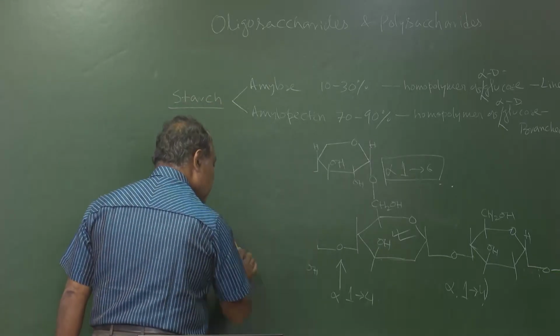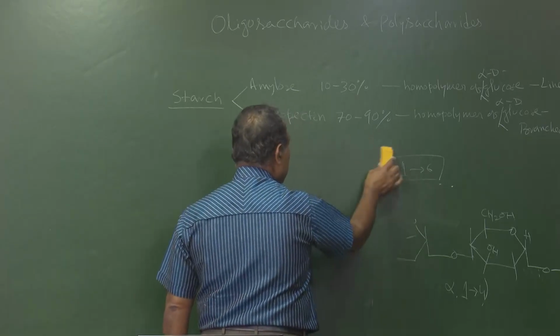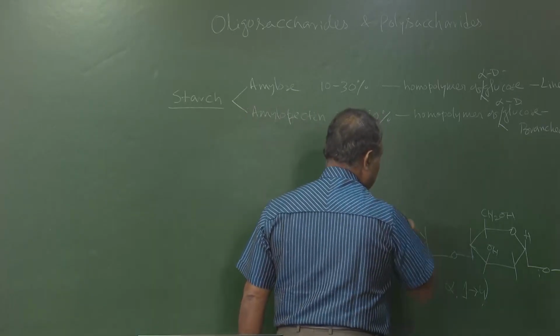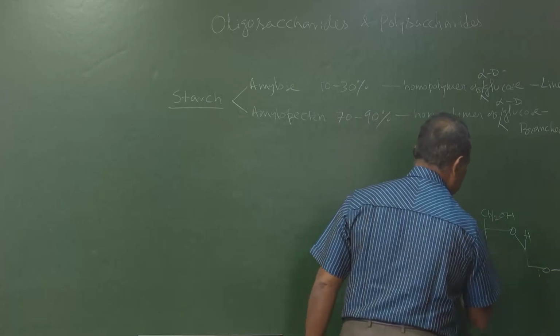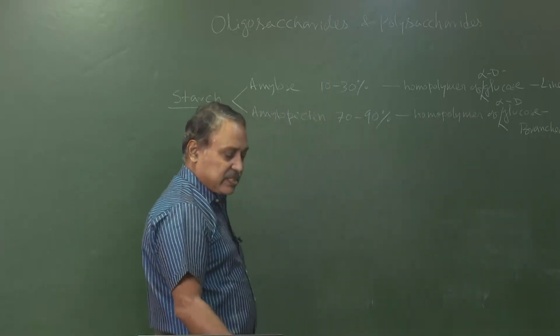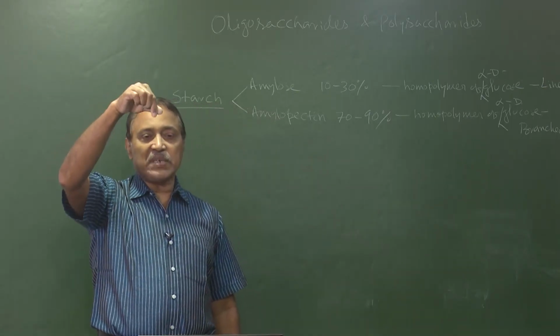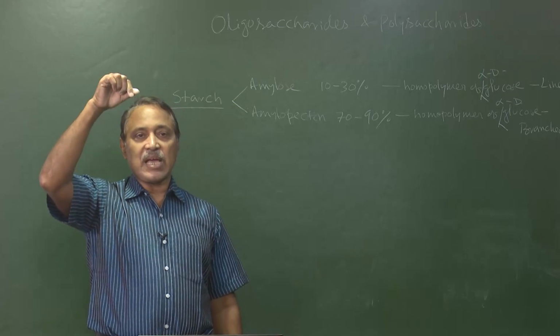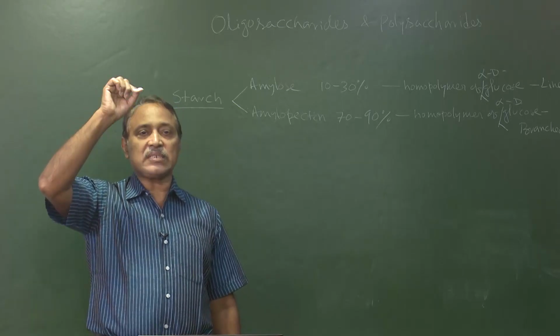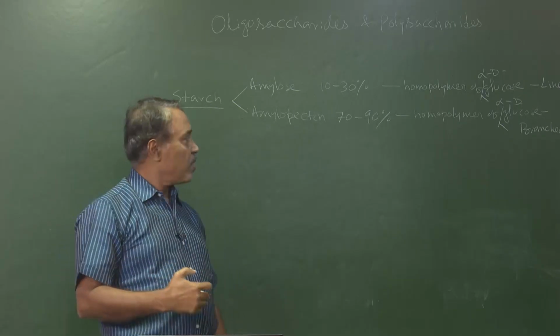It happens mostly due to the amylose present in it, because amylose remains in a helical structure. When we make a solution, the amylose is in a helical structure, and iodine will be trapped inside this helix, imparting a blue color.